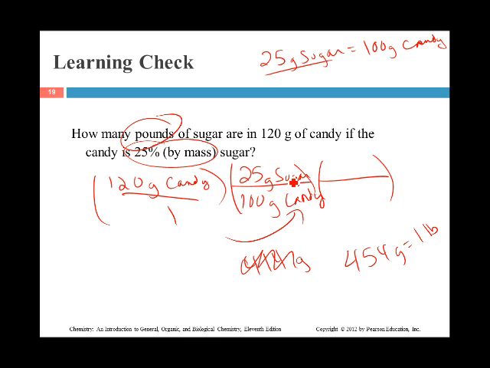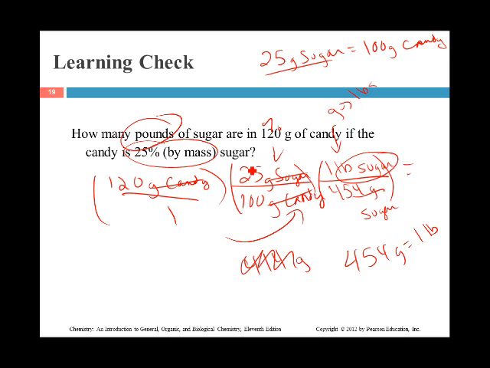So we have grams of sugar on top. We want to put the grams of sugar on the bottom, and then 1 pound of sugar on the top. So here's our percentage right here, and here's our conversion to get from grams to pounds. Grams of candy cancel, grams of sugar cancel. We are left over with pounds of sugar.